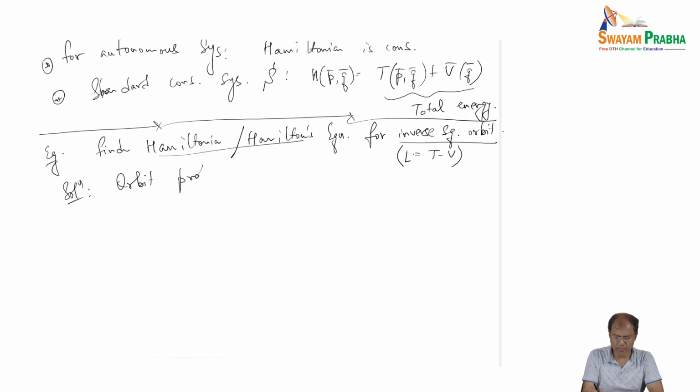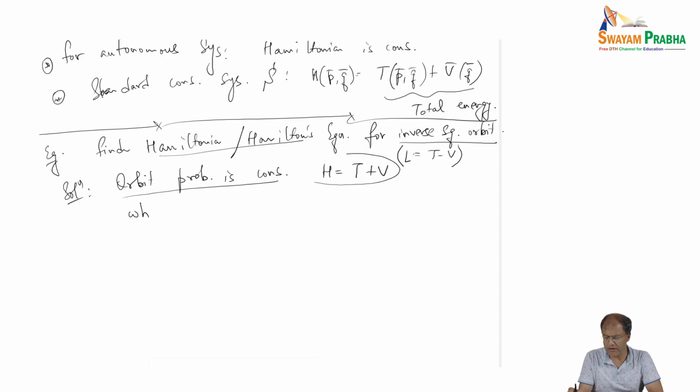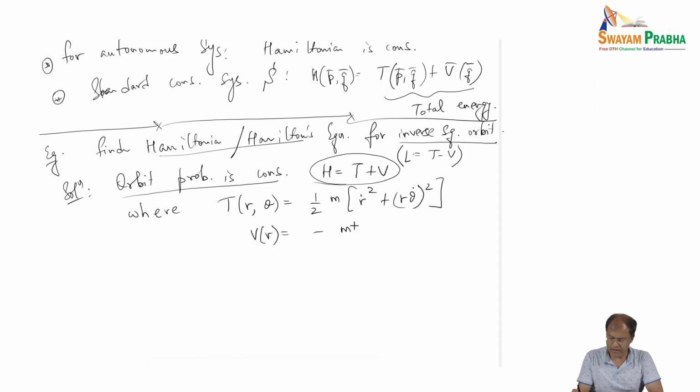So what we have is that the Hamiltonian is T plus V, where the moment we write that the system is conservative, we can quickly associate the Hamiltonian to be the total energy T plus V. So where my kinetic energy T of r comma theta is half m of r dot square plus r theta dot whole square, and my V of r is minus m capital M g by r. So that is my V of r.